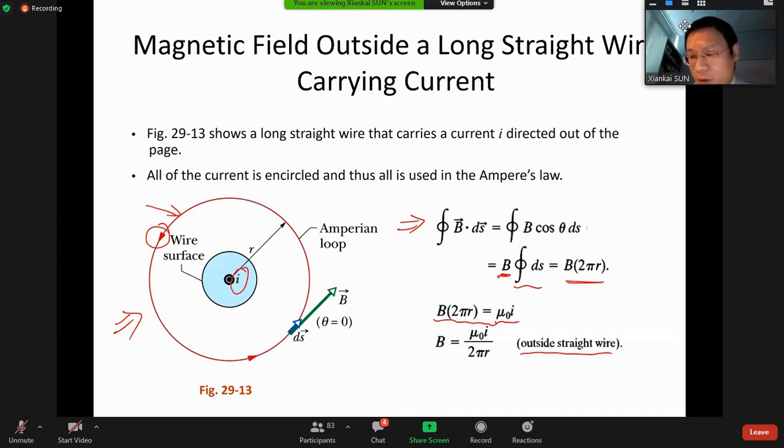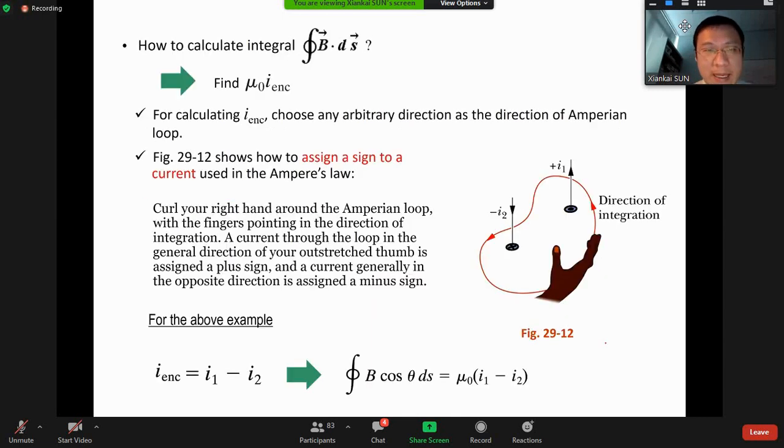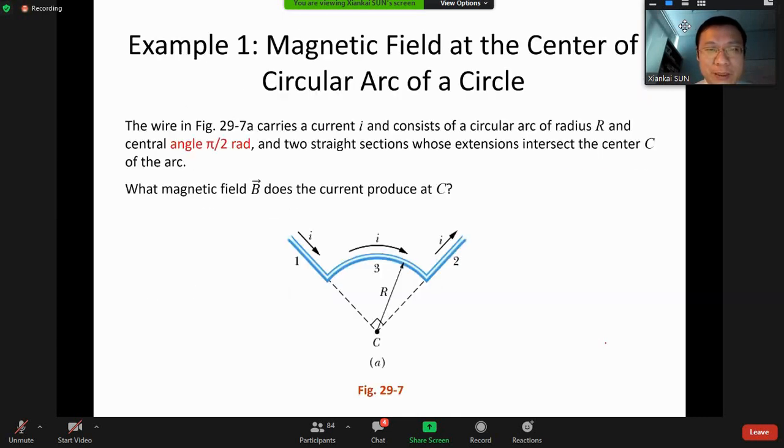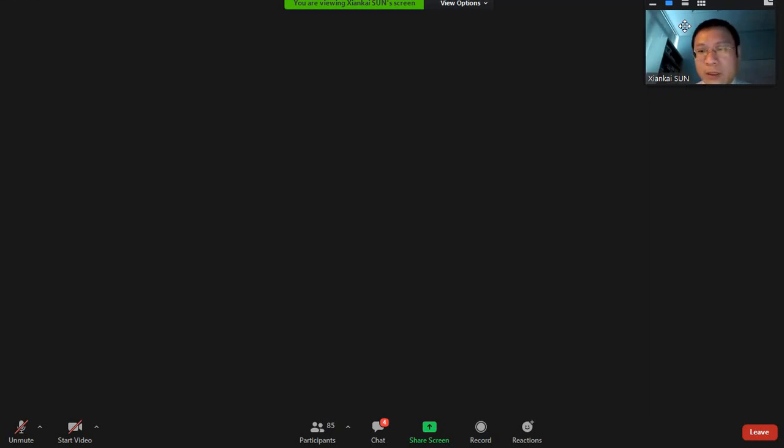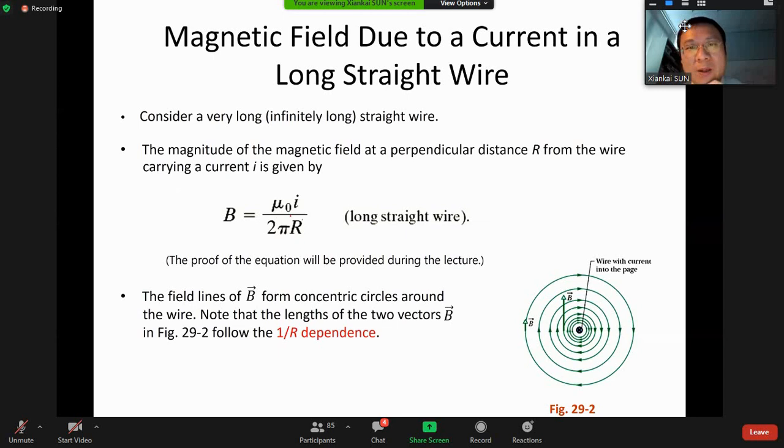Actually, if you look back, this expression is exactly the same as what we derived previously on this page. In that case, we considered the wire to be infinitely thin, with no thickness, so R is the distance from the wire to the field point.